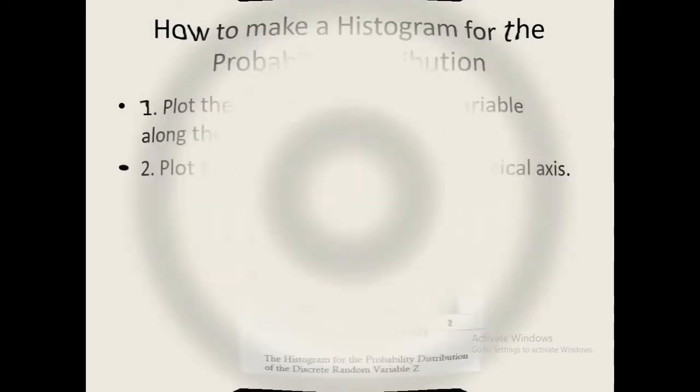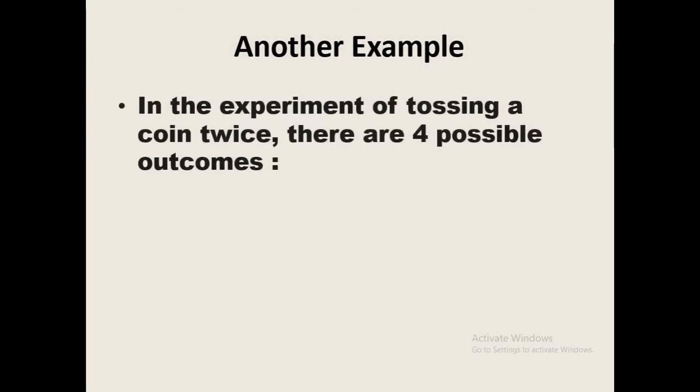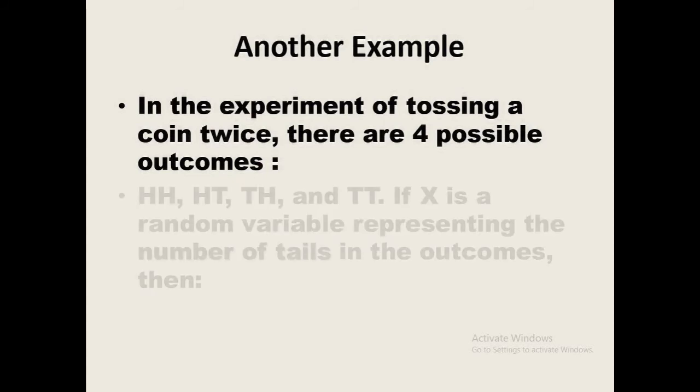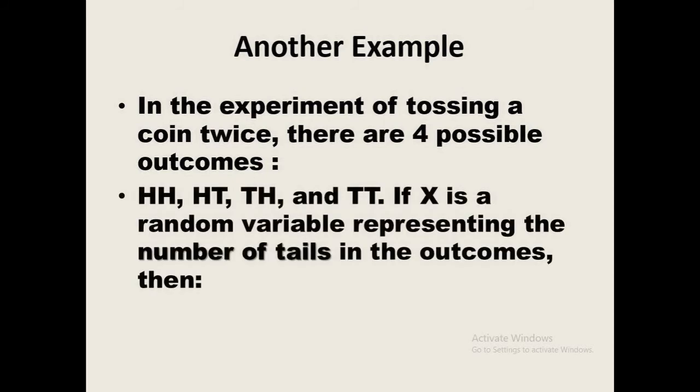Another example. In the experiment of tossing a coin twice, there are 4 possible outcomes. H for the head and T for the tail. So HH, HT, TH, and TT.